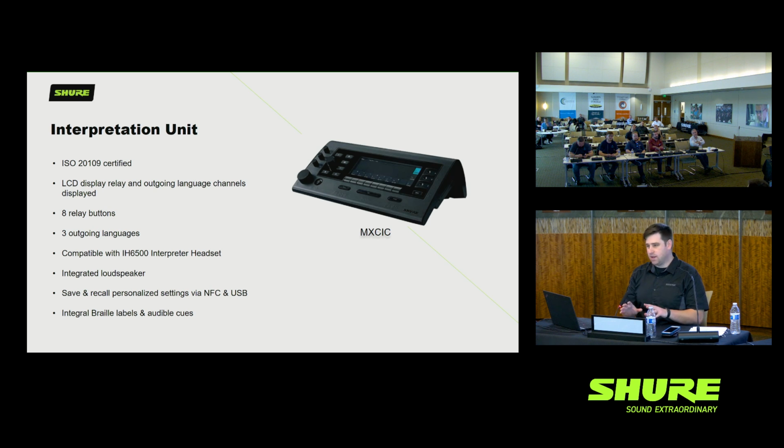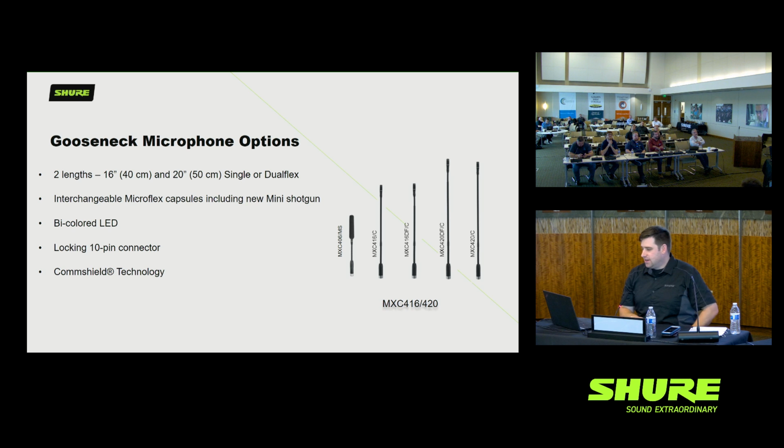They know the button layout makes sense. It has a USB port, so they usually carry around a configuration that is their own. They can put that in the side of the unit, load their configuration, and all the buttons change to exactly what they're used to. In big interpretation settings, people are being swapped out every hour, so they'll just walk in, plug in their USB, call up their preset, and they're good to go and start to interpret. We have one in the back on the demo table. I encourage you to take a look at it. It's pretty cool. It's like flying a spaceship or something.